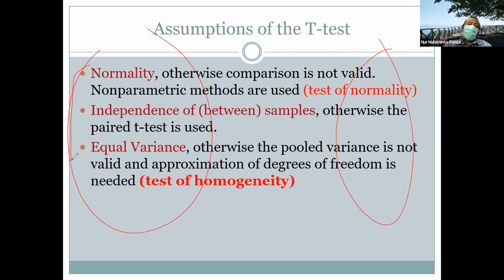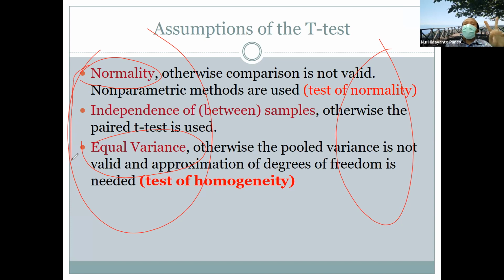But you just need to know that some experts believe that we have to test the normality, and then we have to test the equal variance or the homogeneity of the two groups, or of the two measurements. Because each t-test has two measurements, the hypothesized or the actual, pre-test or post-test, and then class A, class B, female and male.